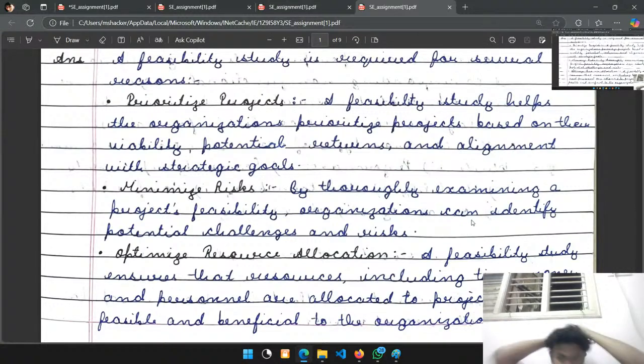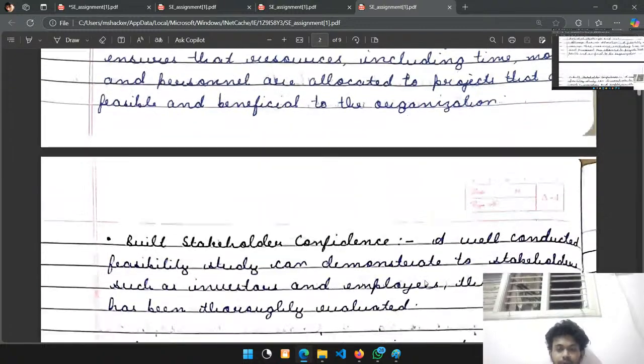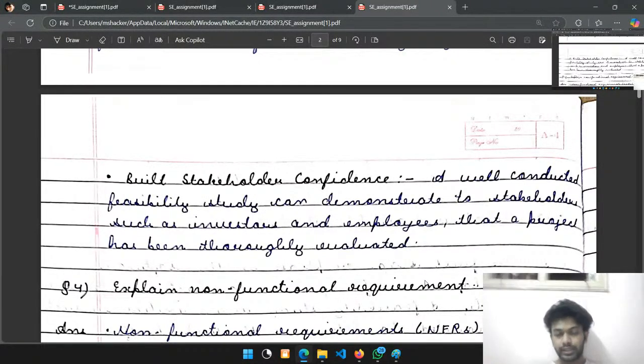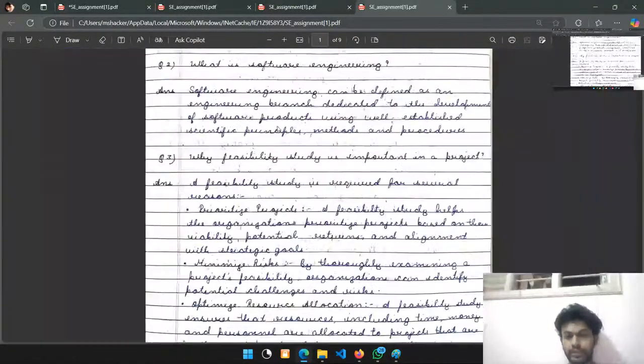Optimize resource allocation: a feasibility study ensures that resources, including time, money, and personnel, are allocated to projects that are feasible and beneficial to the organization. A well conducted feasibility study can demonstrate to stakeholders such as employees the project's value. Okay, why feasibility study is important.